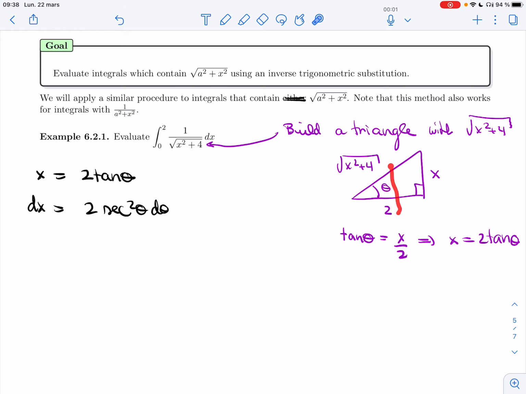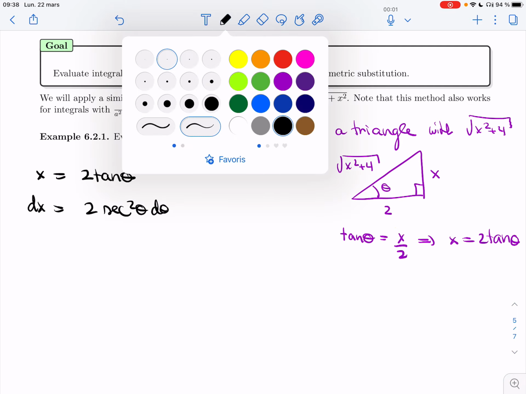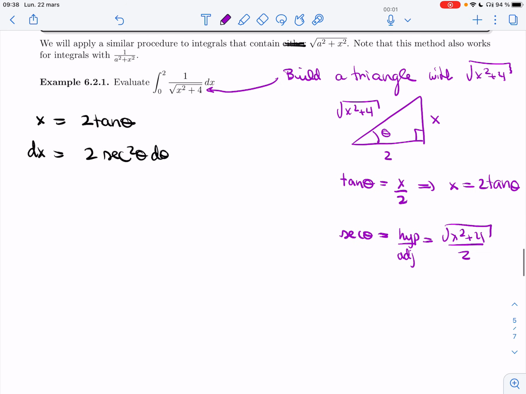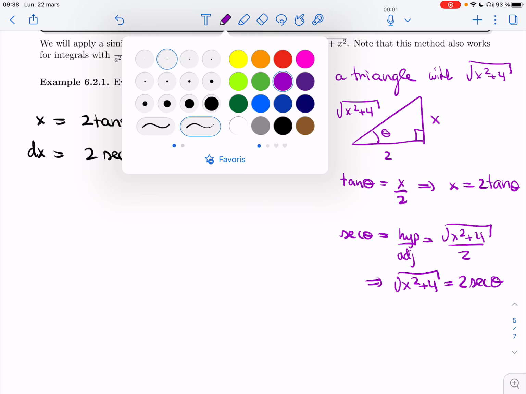Now, if I want the square root, I'm going to use these two. You could use cosine or secant. I'm going to use secant just because I know what's going to happen. Secant is hypotenuse over adjacent, so that's going to be square root of x squared plus 4 divided by 2. And so my square root, the one that scared me first inside my integral, is going to be 2 secant theta.